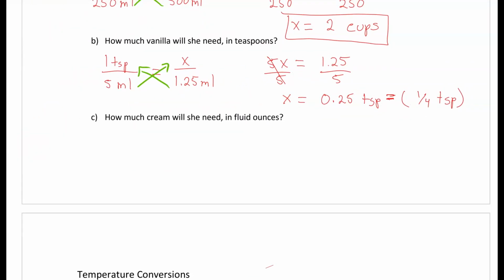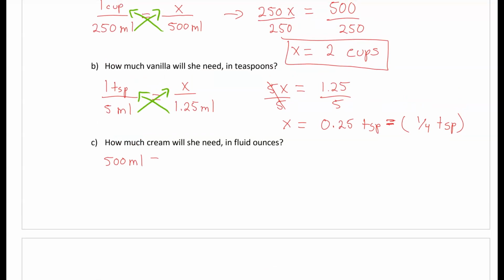Now the last thing is we want to figure out how much cream she will need in fluid ounces. Well, we have to again think about what is our conversion. We want to find out how many fluid ounces total of cream, and we have 500 milliliters of cream, and we also know that that was equal to 2 cups of cream.